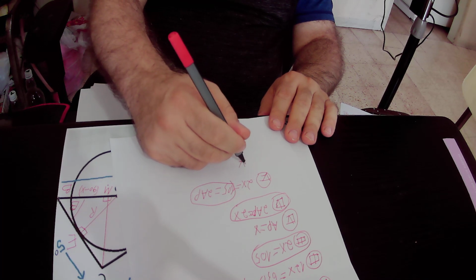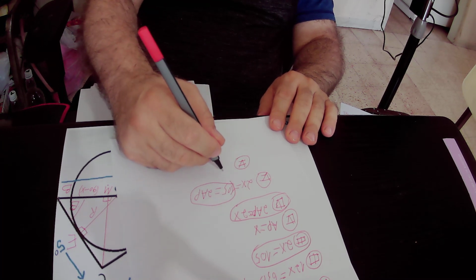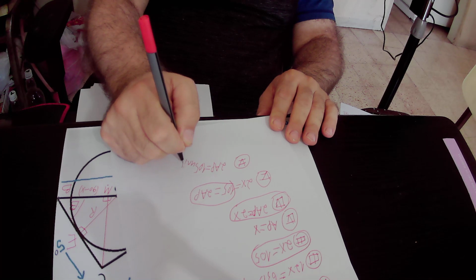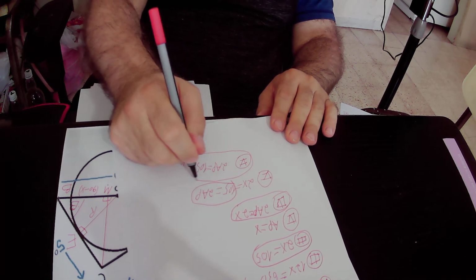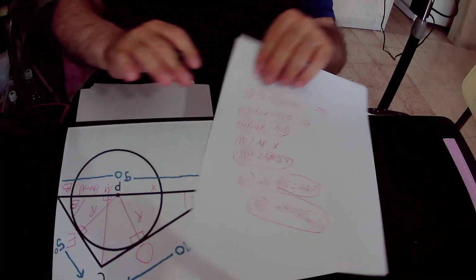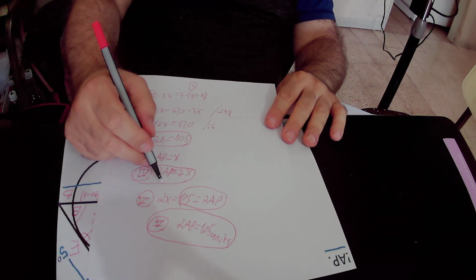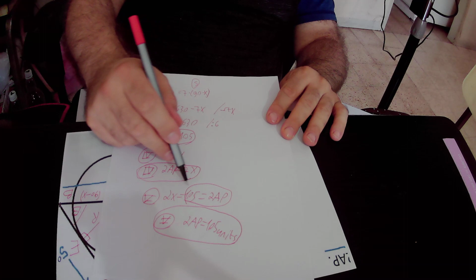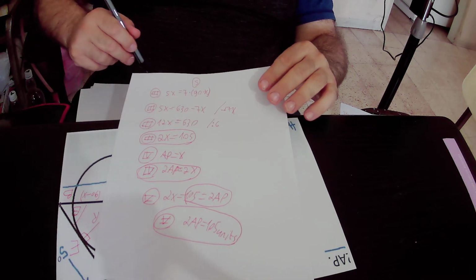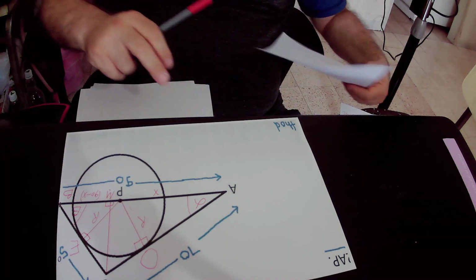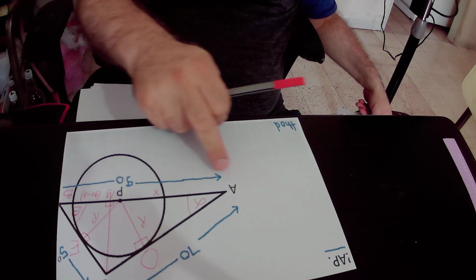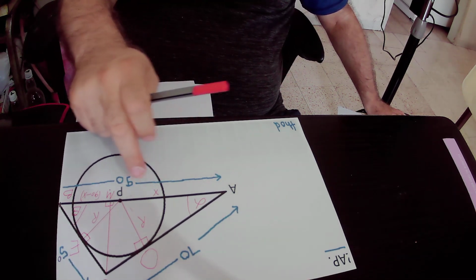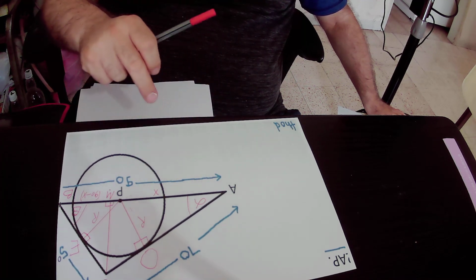From the fifth equation we got the equality that 2 times AP equals 105 units, or the value of 2 times AP is equal to 105 units.